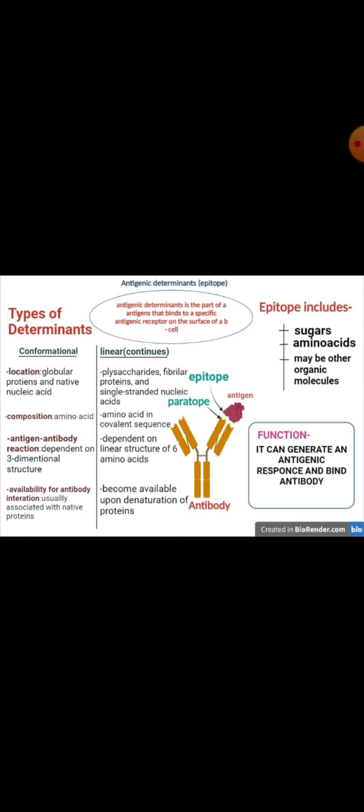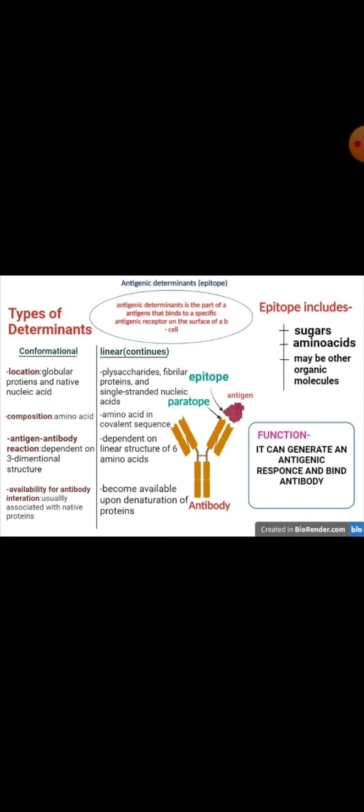If you look at an antigen, it has two portions. One region is what we call a hapten, and another region is what we call a carrier. A hapten is the portion of an antigen which is immunogenic, that has the capacity to induce an immune response, and this is a small portion.